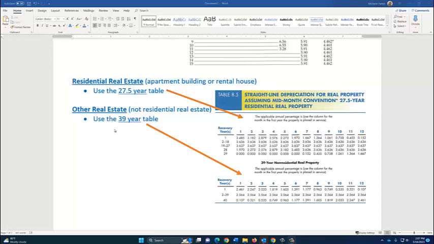If you're depreciating other real estate, use the 39-year table and find the month that the item was placed in service and the recovery year, and then multiply times the percentage given in the table.